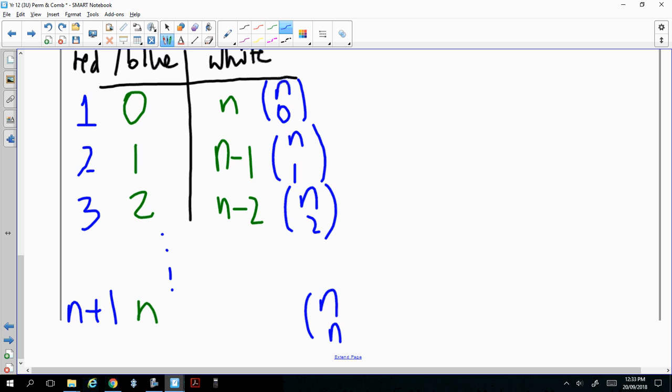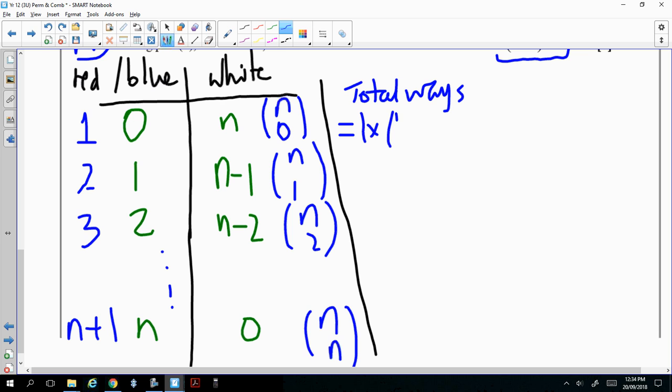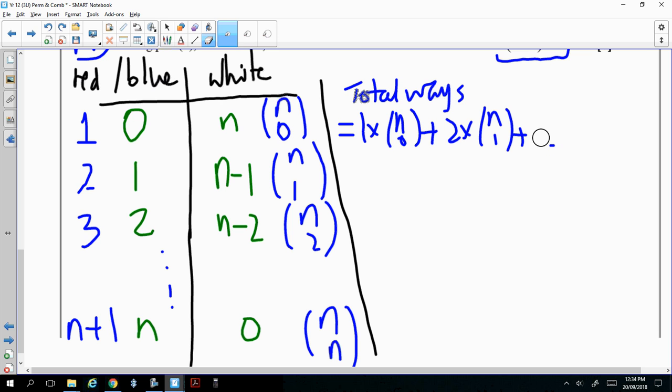The total ways will be equal to 1 times nC0 plus 2 times nC1 plus 3 times nC2 plus, and so on, to n plus 1 times nCn. That's the total number of ways.